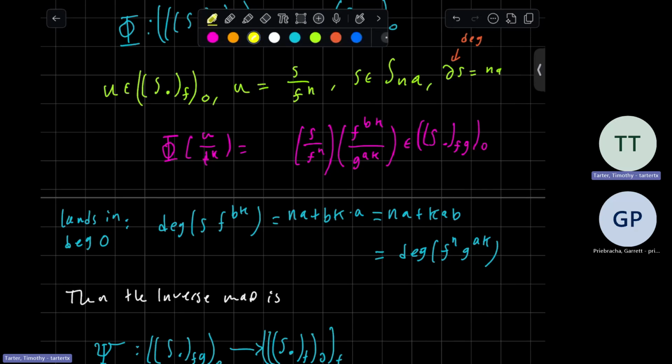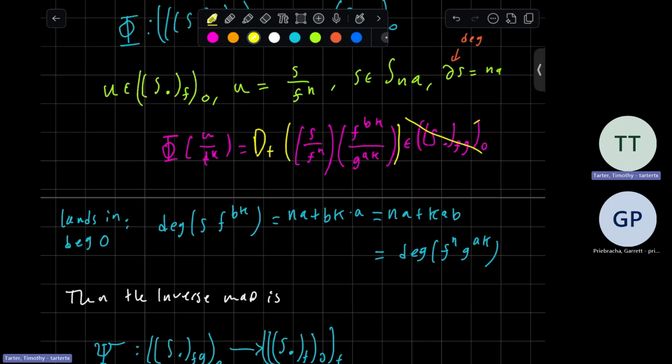We want to send this to itself, and then we want to add this f to the b, g to the a, times this factor of localization. What we really want, though, is for this to go over to a distinguished open.